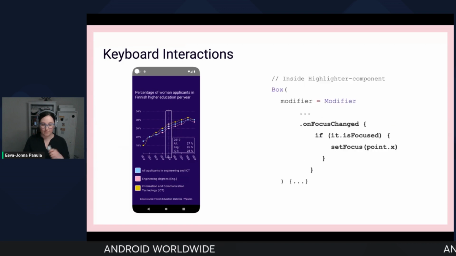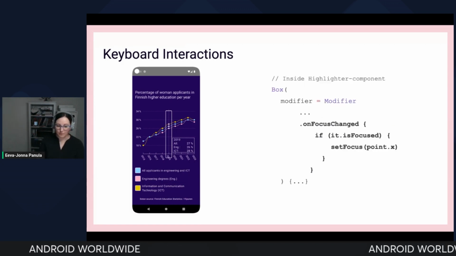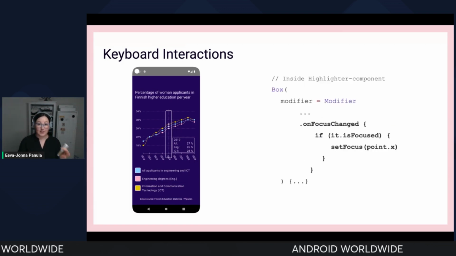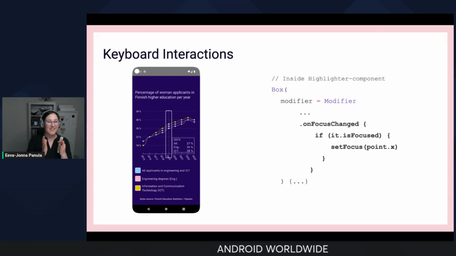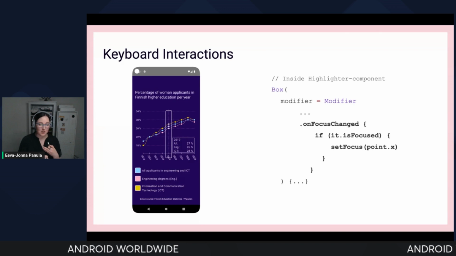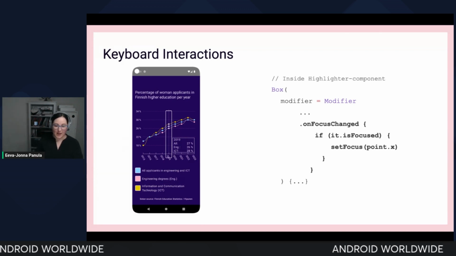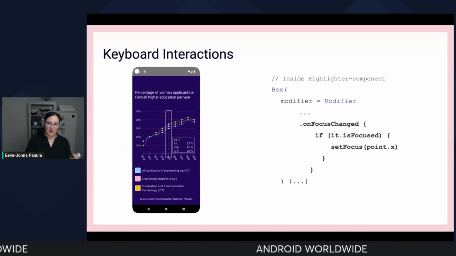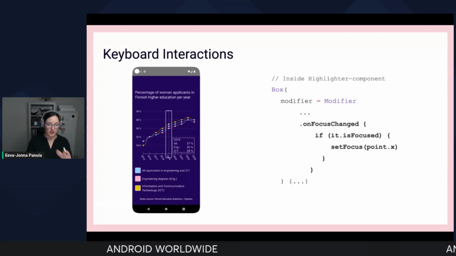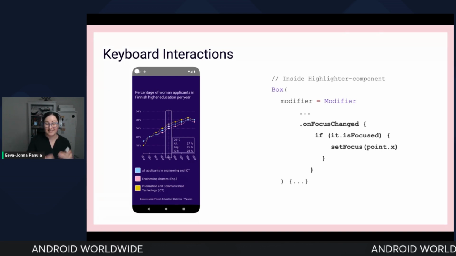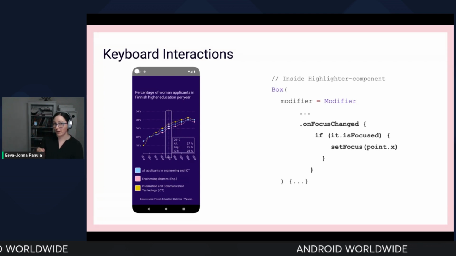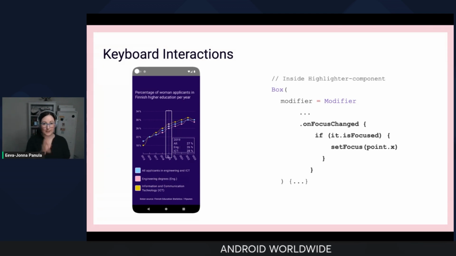Okay. Then inside the highlighter component, in the highlighter, we add one more modifier that's called onFocusChanged. And this one is called every time focus is changed. So if the user is using, for example, a keyboard and they are navigating forward, every time they press tab to go forward, this one is called.